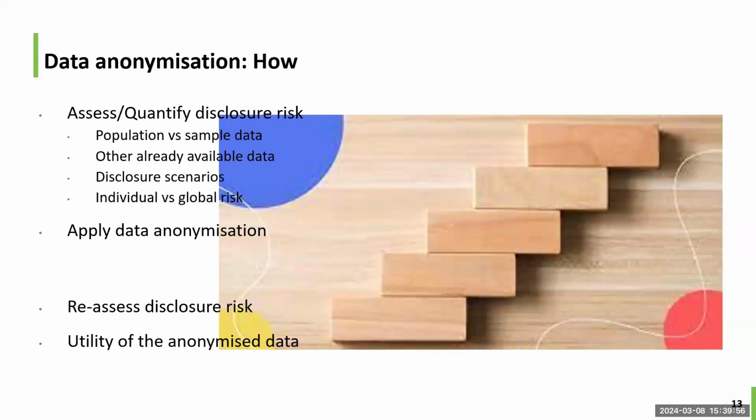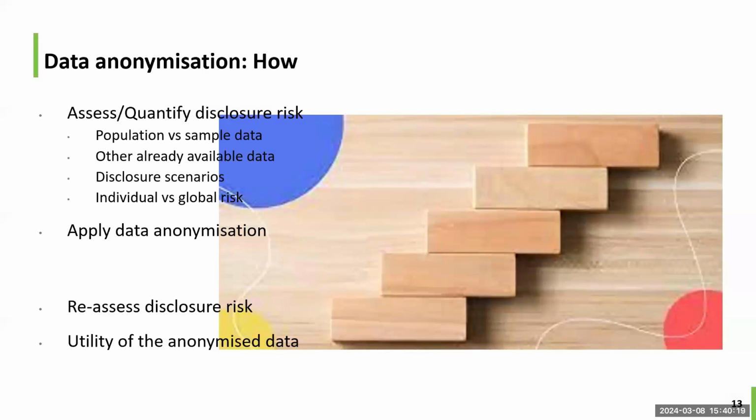You have to think whether you're looking at population data or a sample. Also need to think about what other data are already available from the same population. What are the scenarios that might lead to disclosure? You also look at individual and global risks.